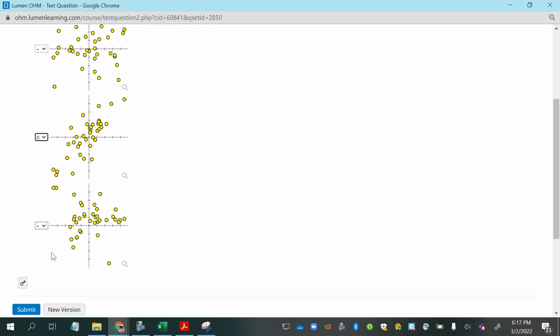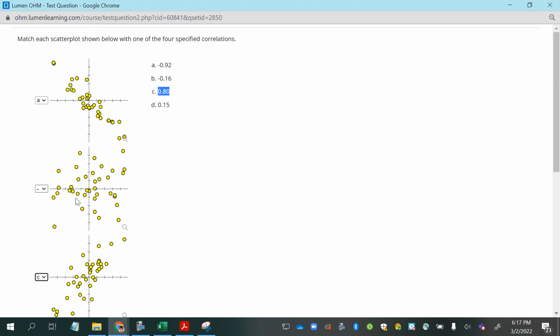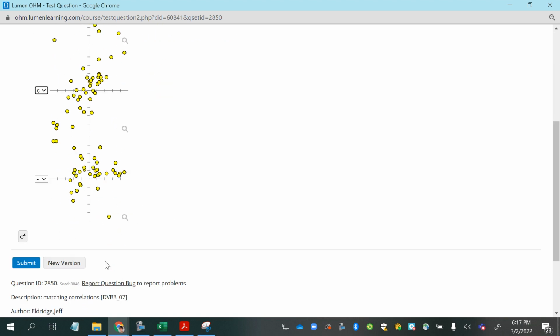Now the last two scatter plots don't look particularly much like a line. But I would say this one has the most random looking scatter of all. The dots are very far from each other. They're really just everywhere. And this one, they're a little closer together, and maybe you could sort of draw a line that almost fits a good amount of the points.